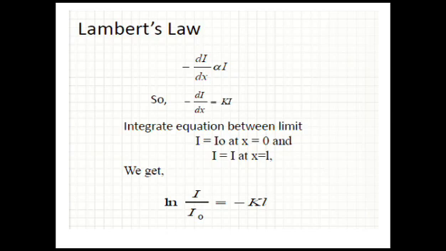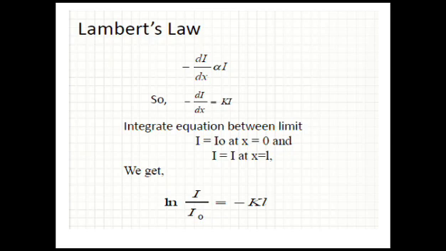Let I be the intensity of incident light and x be the thickness of the solution. So we derive the equation: minus dI upon dx is directly proportional to I. This explains the statement that the decrease in intensity of radiation with thickness of the solution is directly proportional to the intensity of incident light.